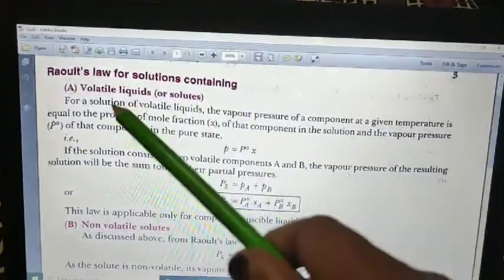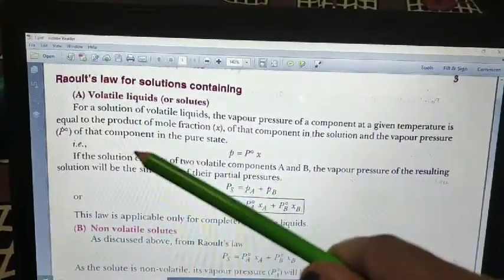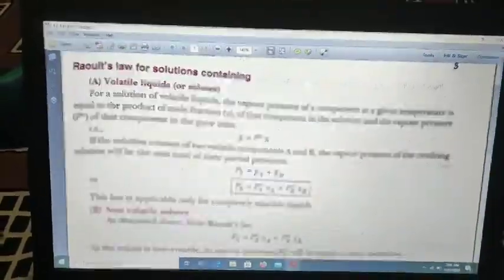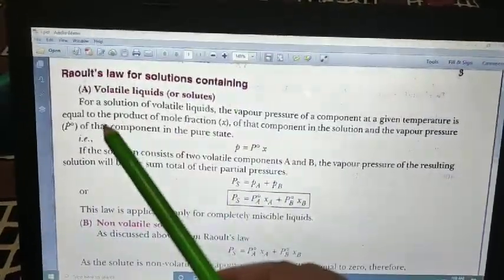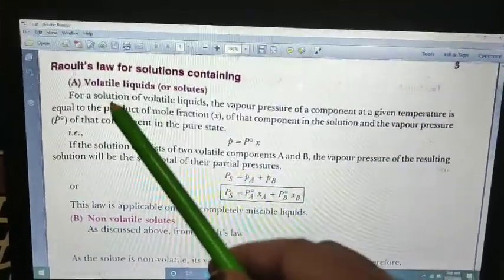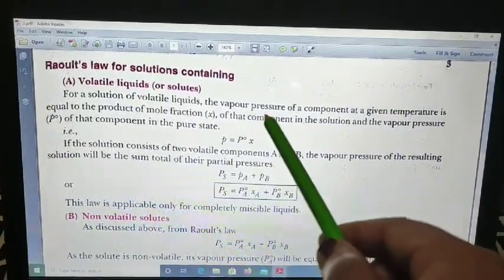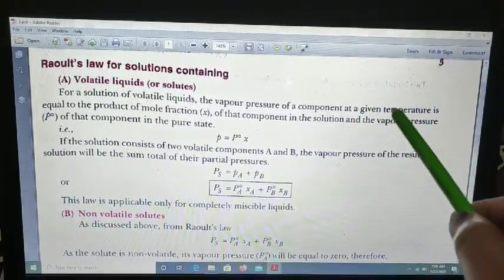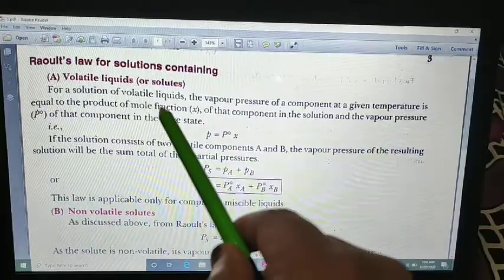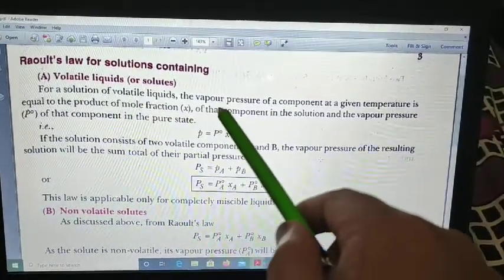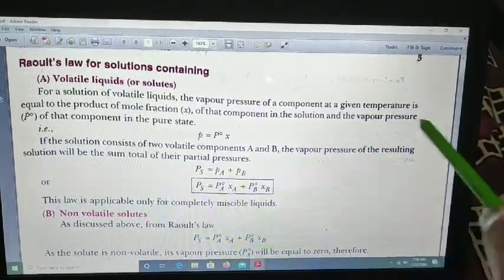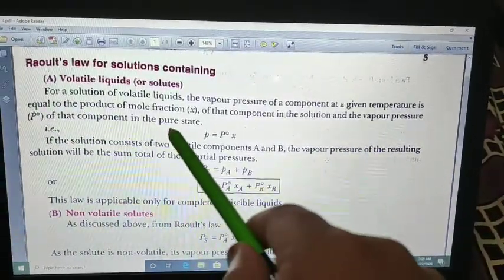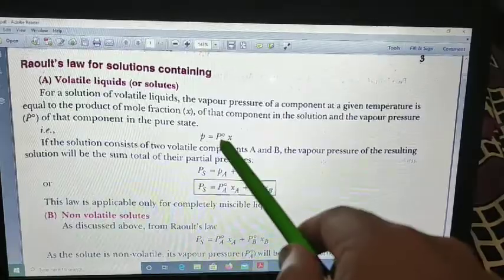Let us see volatile liquids first. For a solution of volatile liquids, the vapor pressure of a component at a given temperature is equal to the product of the mole fraction of that component in the solution and the vapor pressure P0 of that component in the pure state.